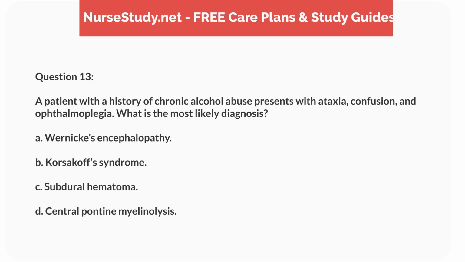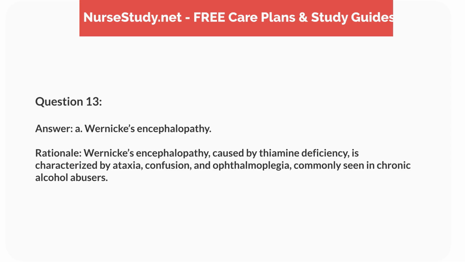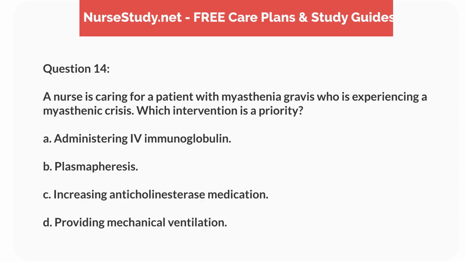D. Central pontine myelinolysis. Answer: A. Wernicke's encephalopathy. Rationale: Wernicke's encephalopathy, caused by thiamine deficiency, is characterized by ataxia, confusion, and ophthalmoplegia, commonly seen in chronic alcohol abusers.